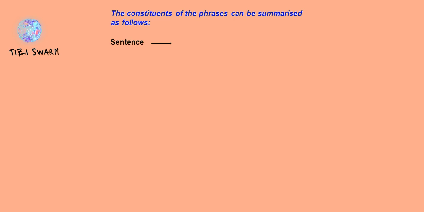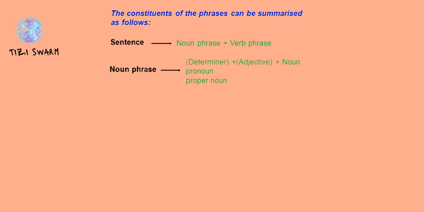We can look at phrases in terms of a sentence which has to have a noun phrase plus a verb phrase. So, what does a noun phrase consist of? Well, it can consist of a noun on its own. It may have an adjective before it, and it may have a determiner before it, or it can just be a noun on its own.